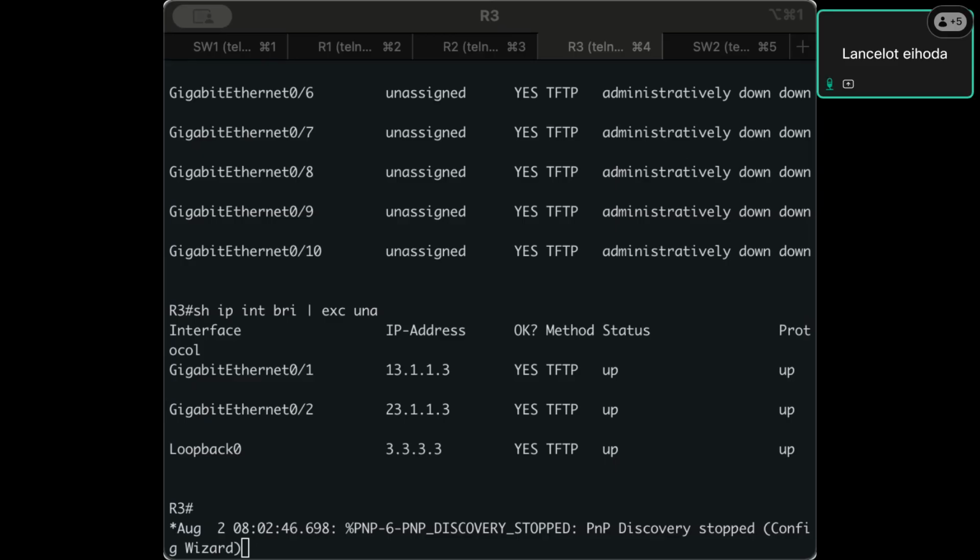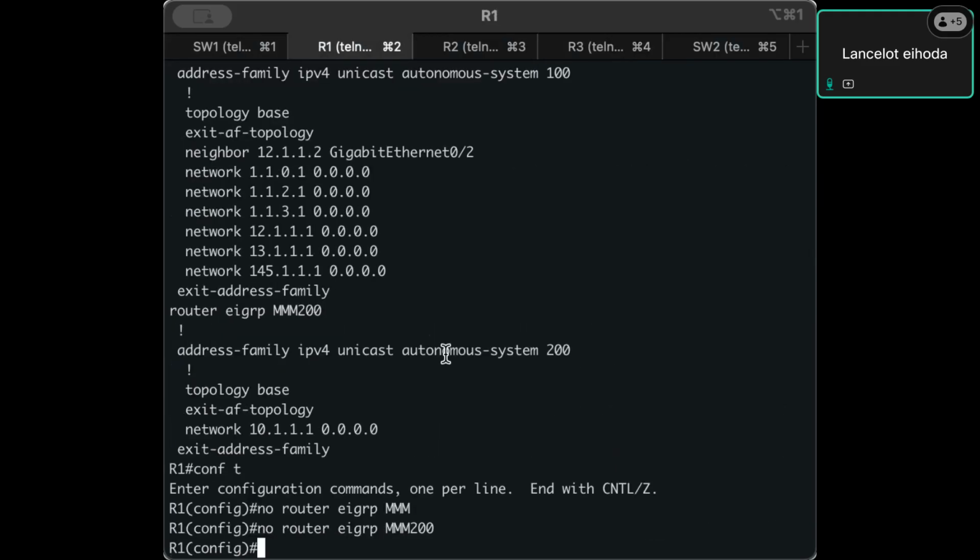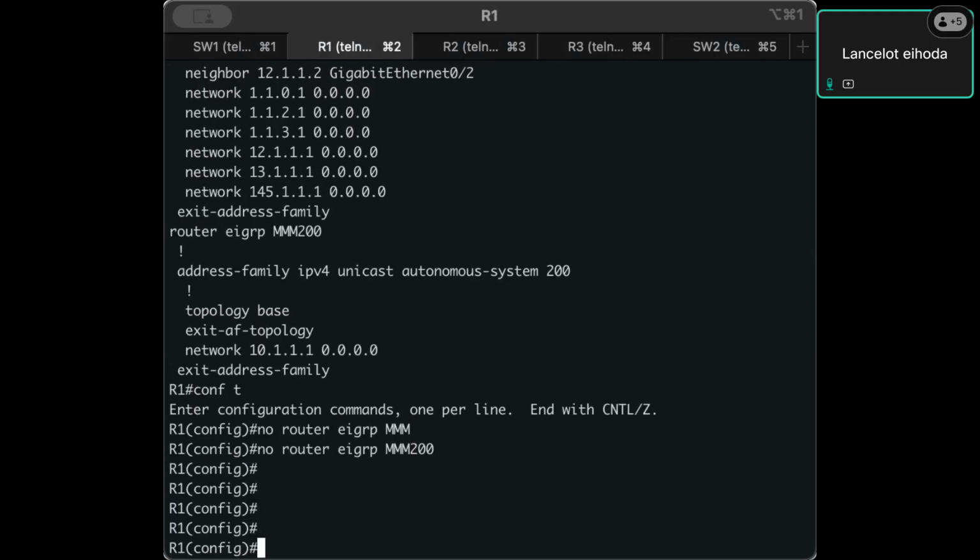So if we go to our devices now, let's go to router 1. Let's do a show IP interface brief, piped to exclude unassigned.